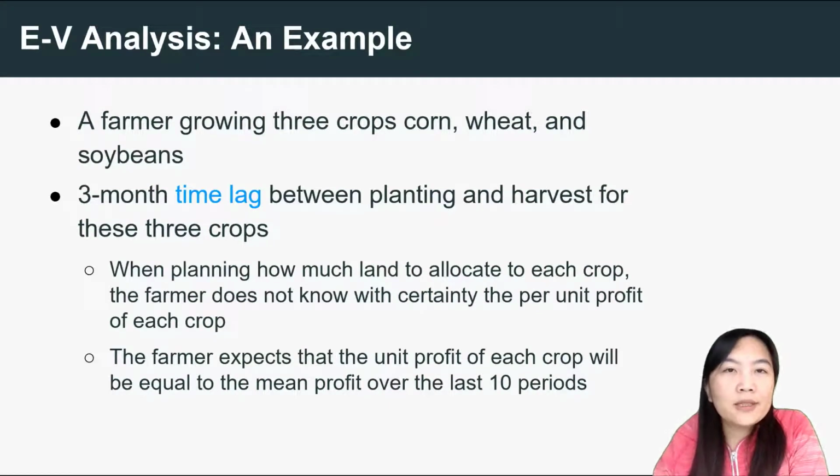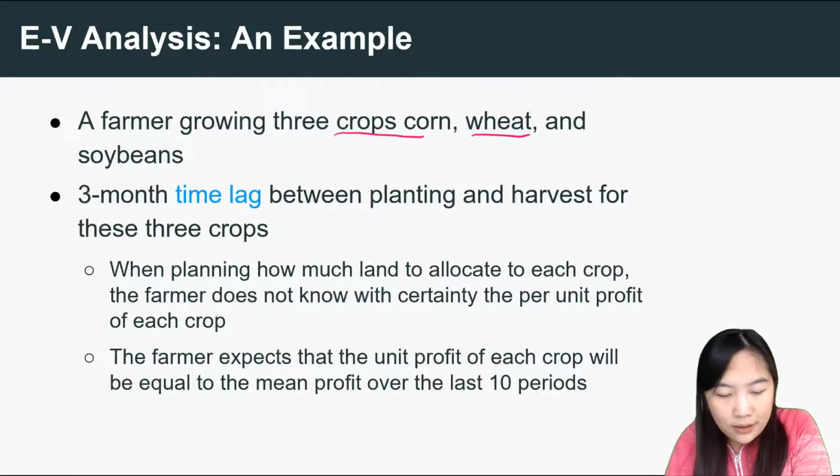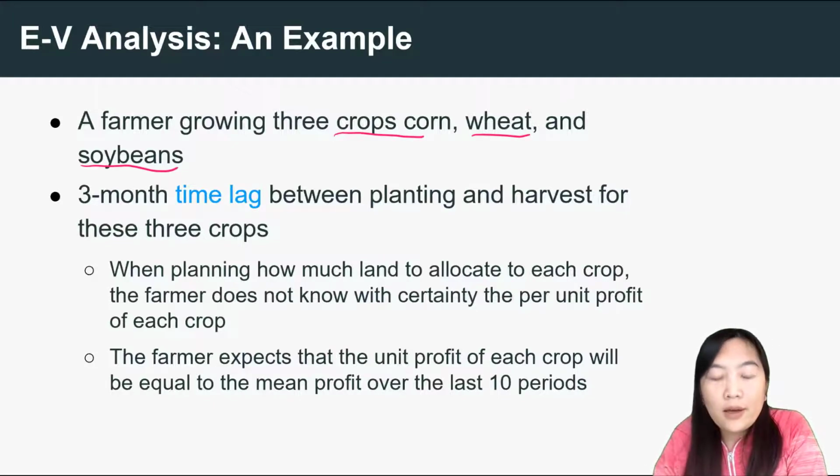So let's use an example to illustrate this EV analysis. So here we're assuming the farmer is growing 3 crops, corn, wheat, and soybean. And this time we are assuming that there's a 3 month lag between planting and harvest for all 3 of these crops. And the uncertainty here is due to this lag between planting and harvesting.